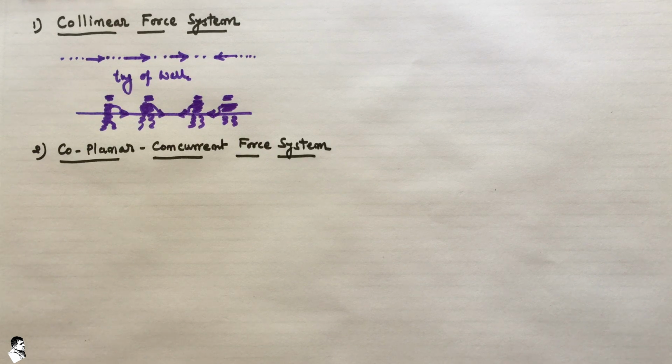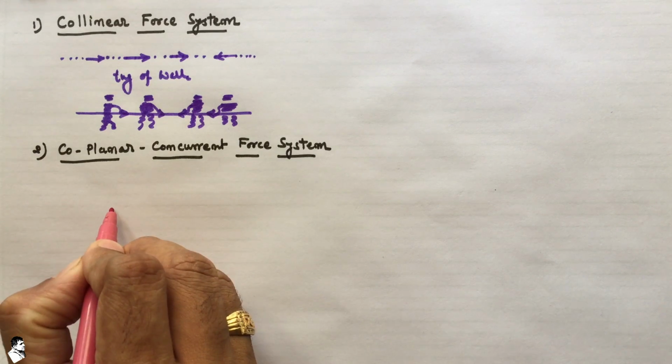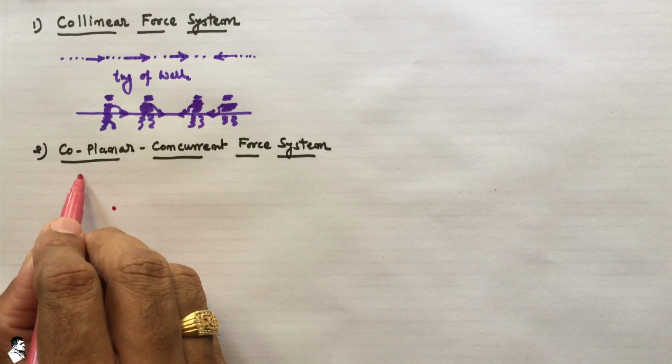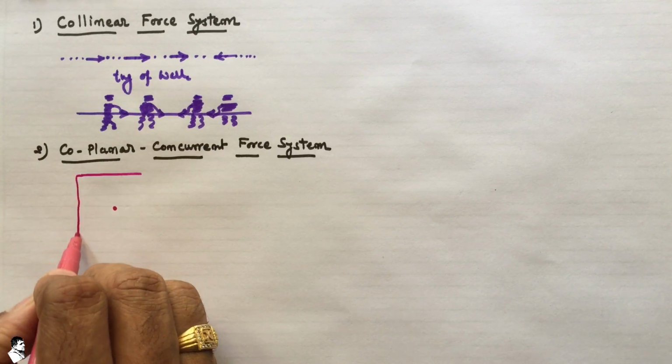So the forces are acting in a single plane, as well as the forces are meeting or propagating from a single point. So this is a point, or we can say this is our plane.